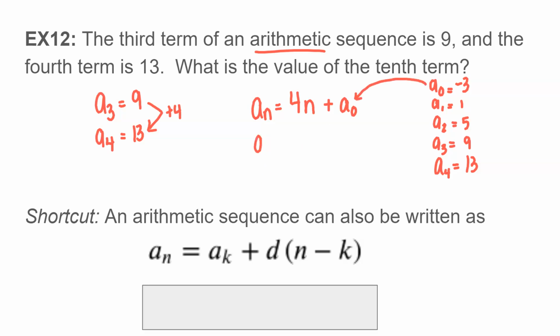So I could do A sub n equals 4n minus 3. And then it's asking me for the 10th term. So I could do A sub 10 equals 4 times 10 minus 3, which is going to give me 40 minus 3, which is 37.